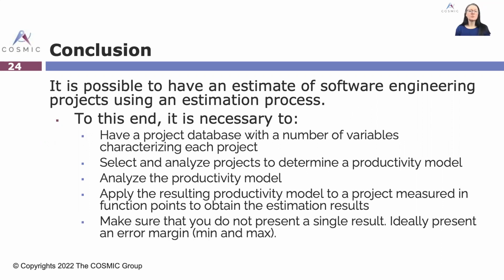And make sure you do not present a single result, even though managers are asking for a single result, but it is not a good practice. The good practice is that you ideally present an error margin. That means a minimum and a maximum. And if the project is risky and the manager only wants a single value, then you provide the maximum, just in case.